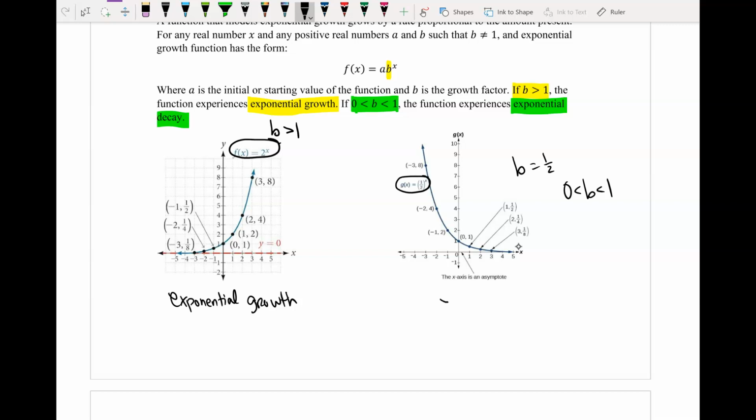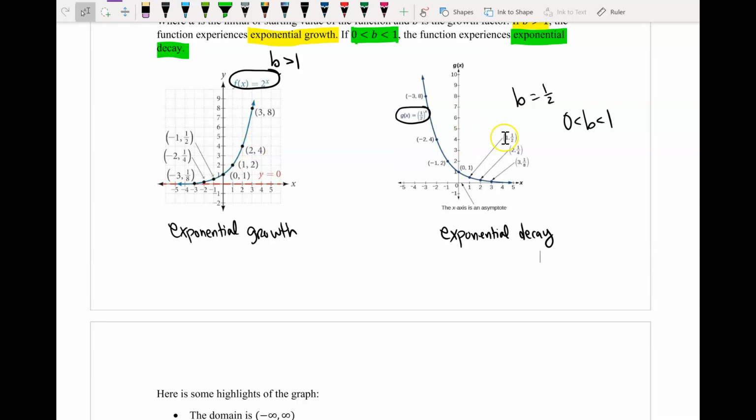So this one experiences exponential decay. So exponentially growing, like population, exponentially decaying, like maybe half-lives or something dying. Okay, so these are two different types of problems.